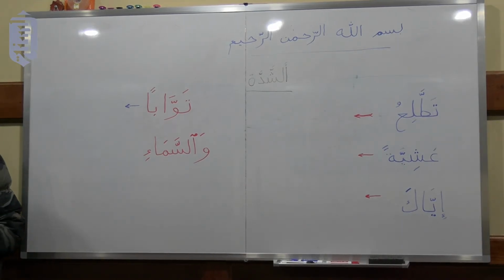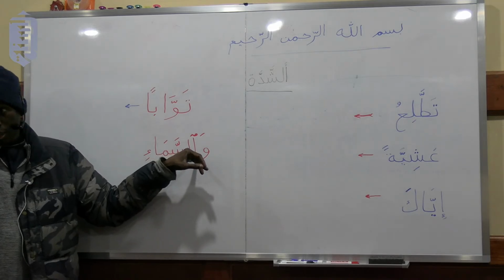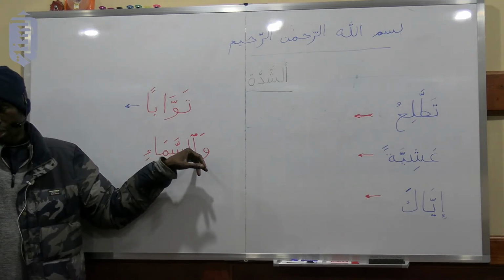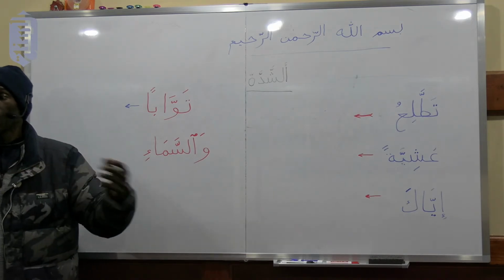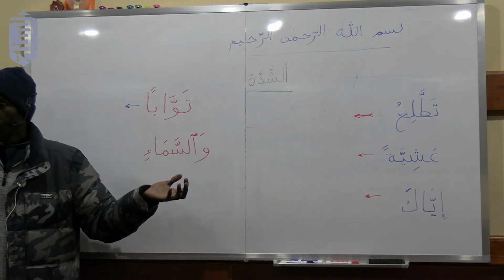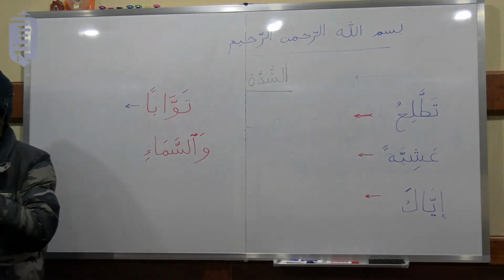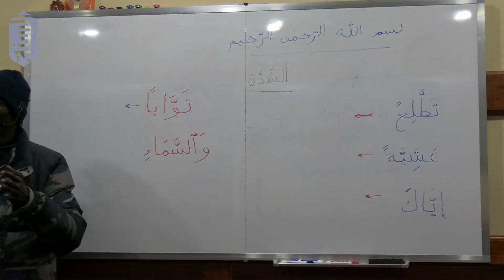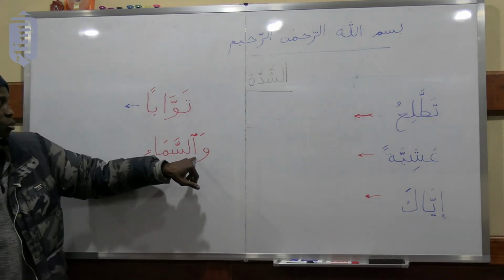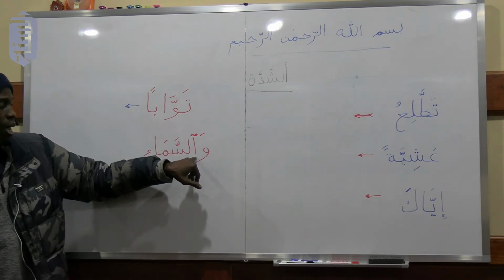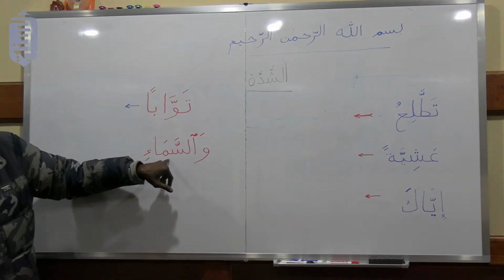So the correction is this: Hamzatul Wasl means the hamza of linking. When there are two words, the Hamzatul Wasl will link them, and any madd in between them is ignored. So this is Hamzatul Wasl here, and this is a waw. Therefore, this waw immediately enters into this word.